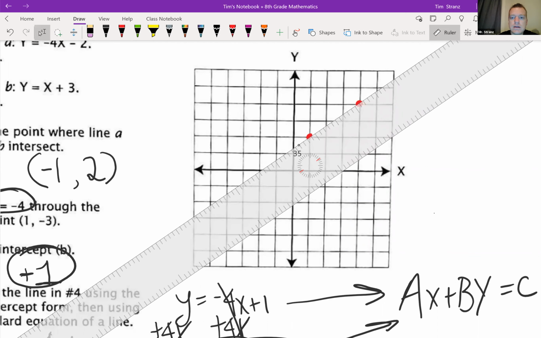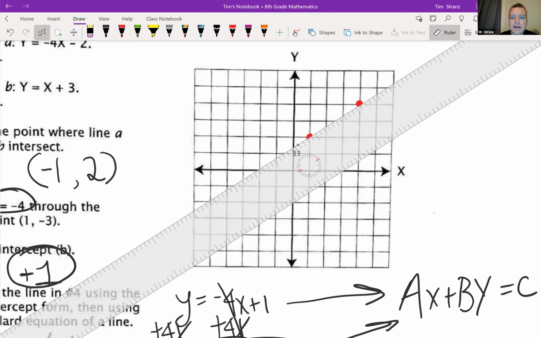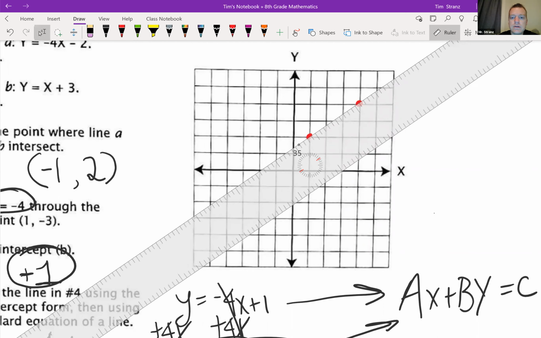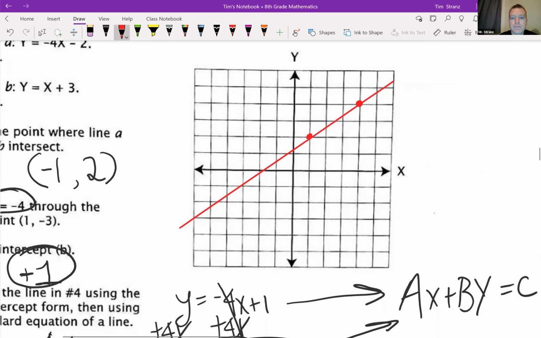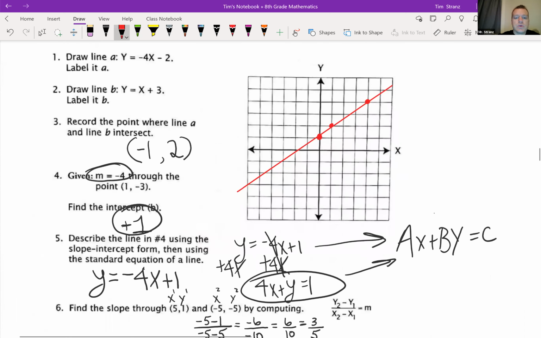Let's see. I'm going to draw my line nice and accurately. Okay, let's try this. I think they might have written this, or I might have copied this graph a little off, but I think it's going to cross the y-axis right here at +1.